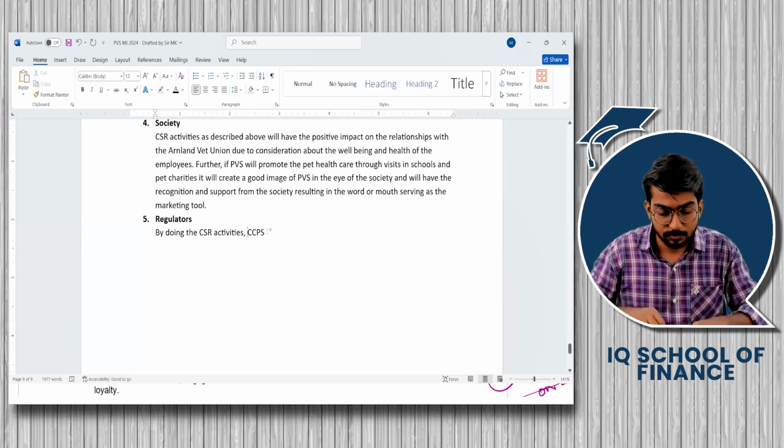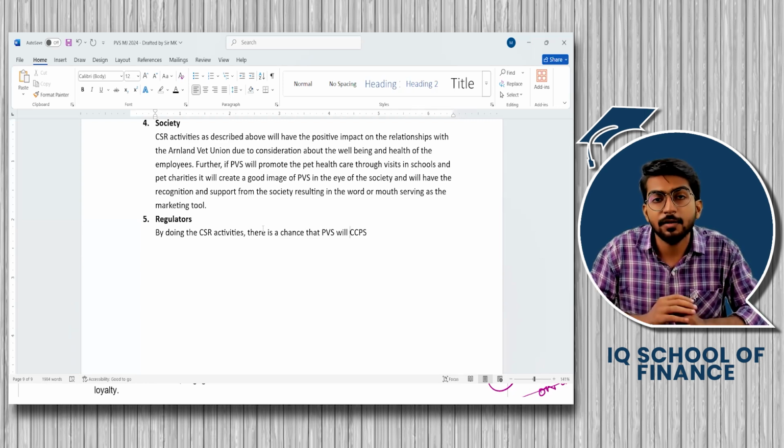So for the regulator, if you remember, the majority of the companies in the industry have the CCPS accreditation, but only 5% of the companies have the higher level of CCPS accreditation. It was mentioned in the pre-seen, and the criteria was how much the company cares about its employees, staff, clients, their pets, and their healthcare.